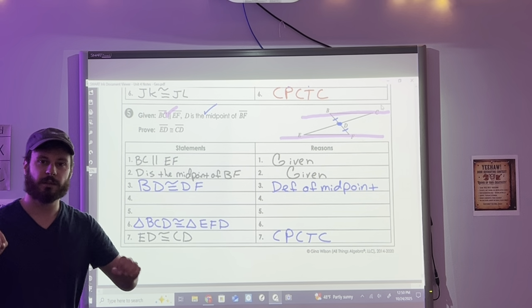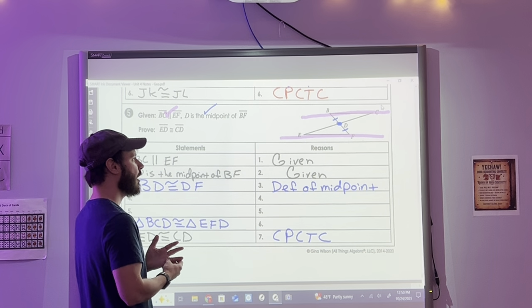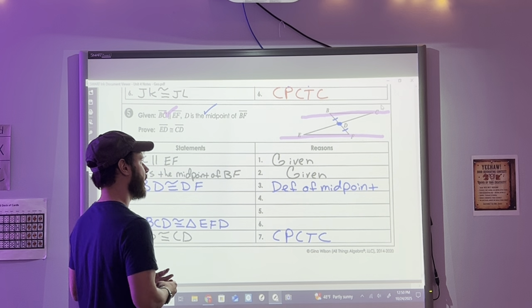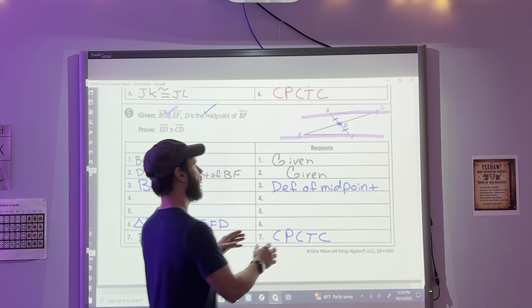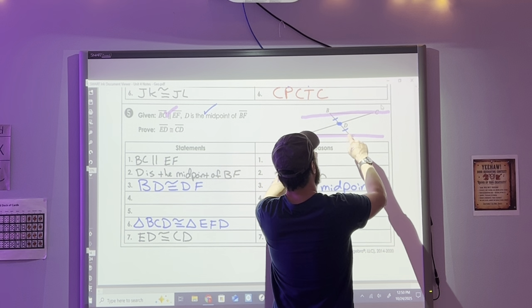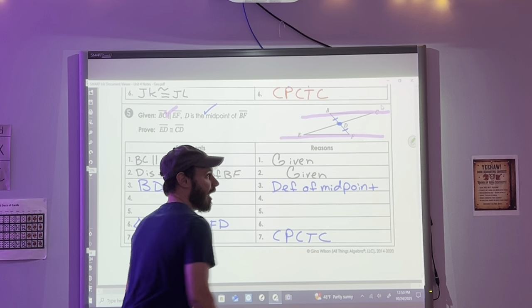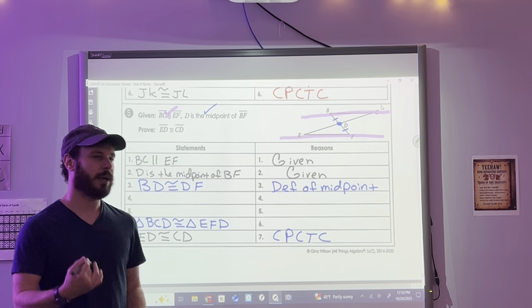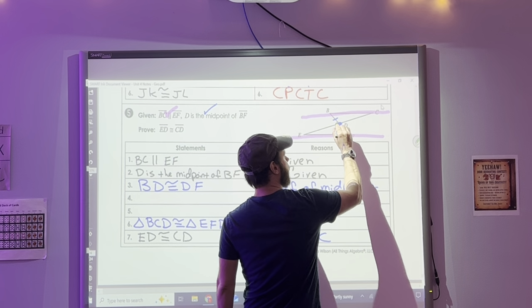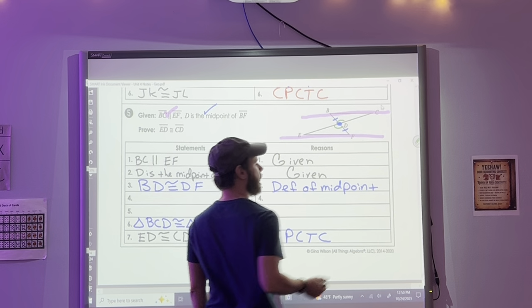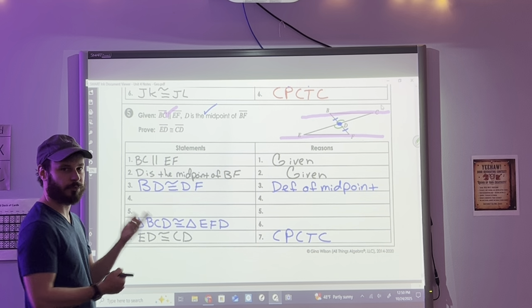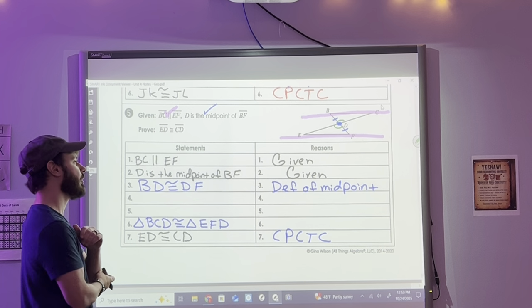I'm gonna look for angle relationships. Somewhere, I need to use probably alternate interior to get from this one to that one. But I'm a huge fan of vertical angles, and I like finding them. So this one up here is vertical to that. Lots of different ways to do this one, but I'm using the vertical angle.